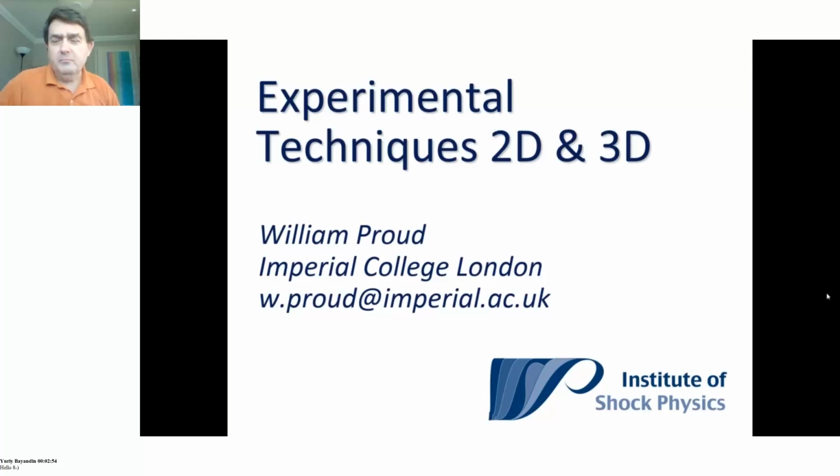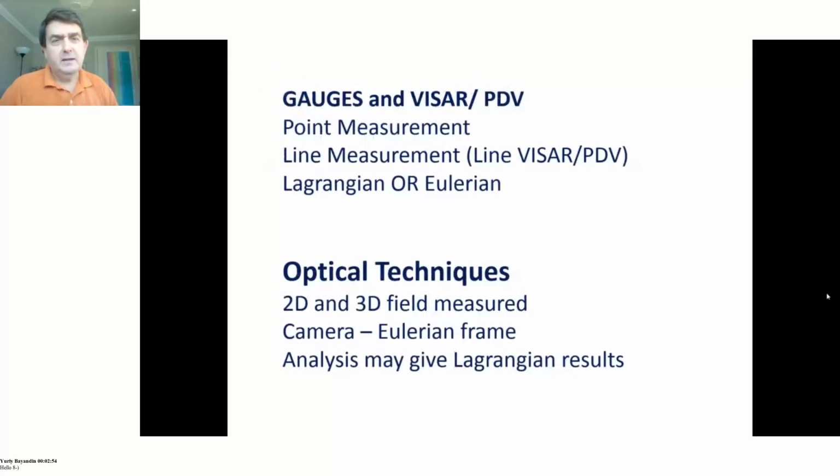Doesn't really matter. We really need to see what's going on. And so that was what I talked about yesterday, gauges and VISAR. But here we're going to talk about 2-dimensional and 3-dimensional fields that we're measuring within a target. And we try to get diagnostics to work together at the same time.